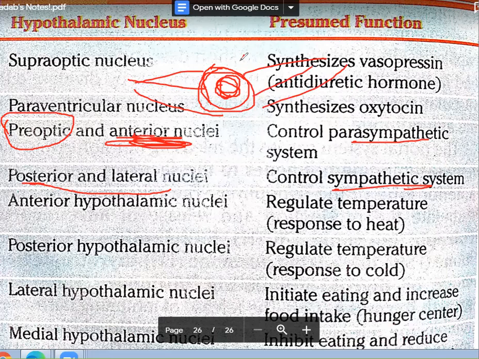So when these radial muscles contract and ciliary muscles relax, our pupil dilates. Pupil dilates. That's what we call mydriasis.